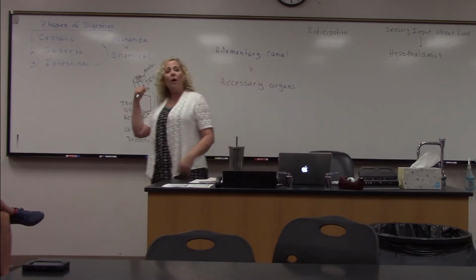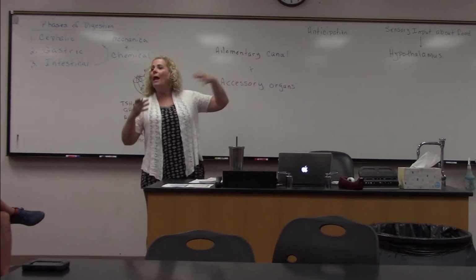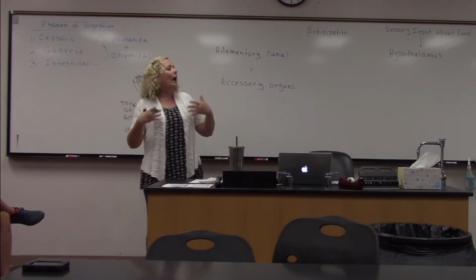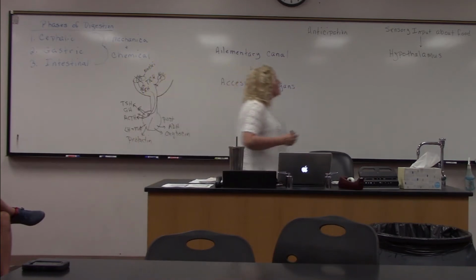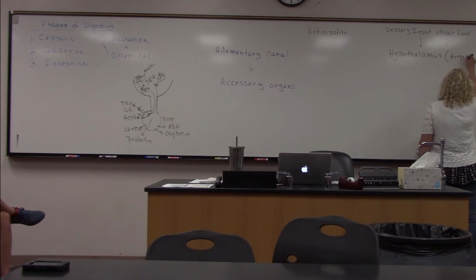And then there are some of these neurons in the hypothalamus that help to control how hungry you are or how full you feel. So we call this the hunger satiety center.